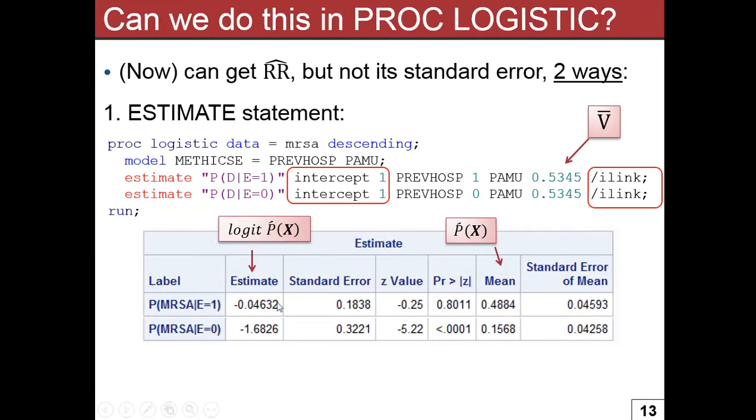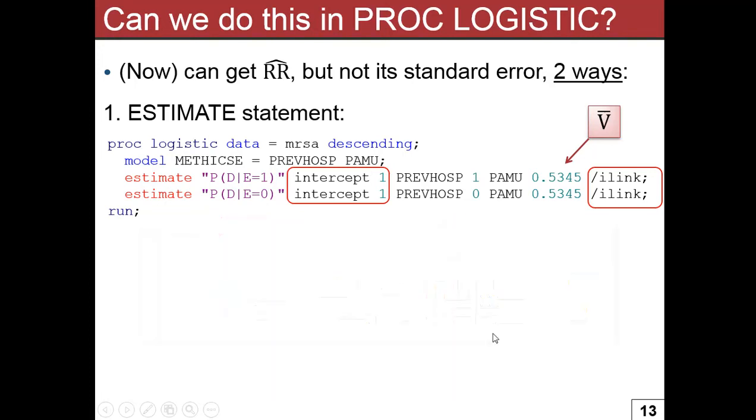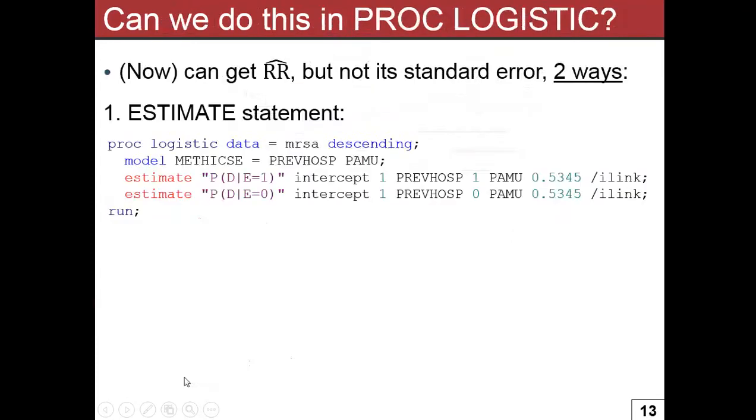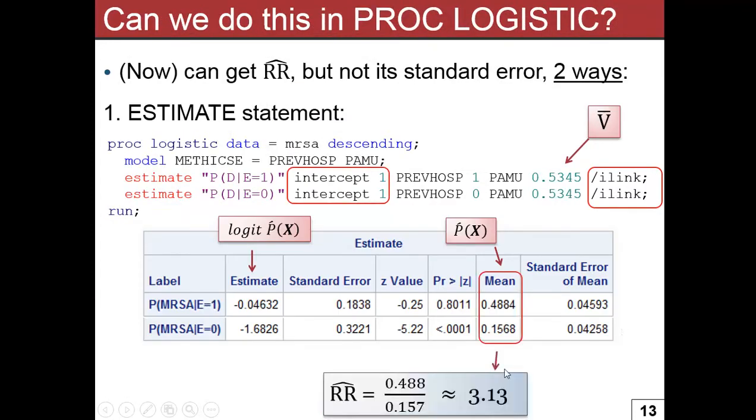Ta-da. It gives you this thing that says estimate. This is the logit scale result, and this is the iLink on the probability scale, 1 over 1 plus e to the minus. This is 0.4884 over this, which by the way is exactly the thing we computed manually. It did it automatically, and you can just take the ratio and get 3.13.